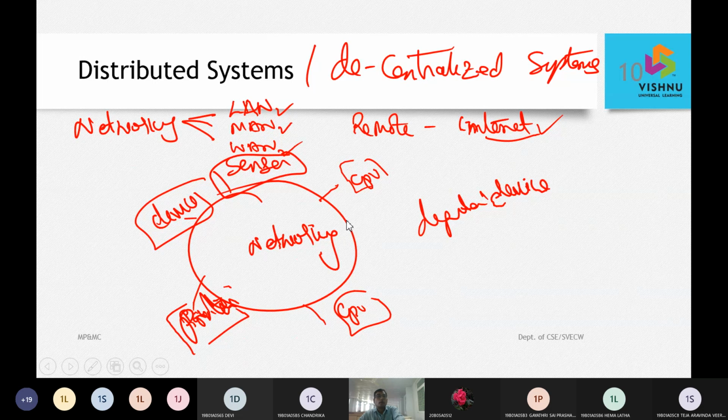So after that, when we talk about a microprocessor, we have the central processing unit, and this central processing unit has two components, the control unit and the arithmetic logic unit.